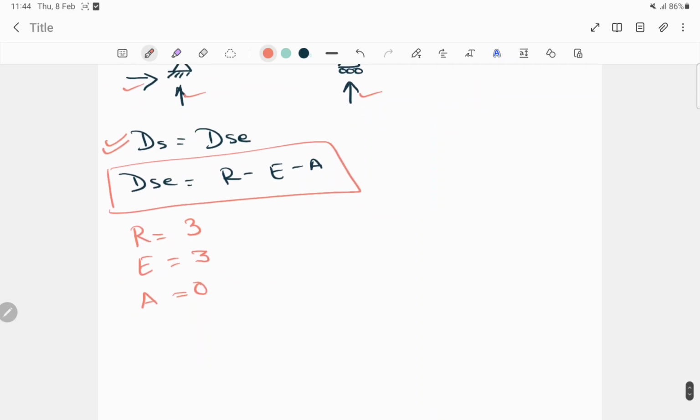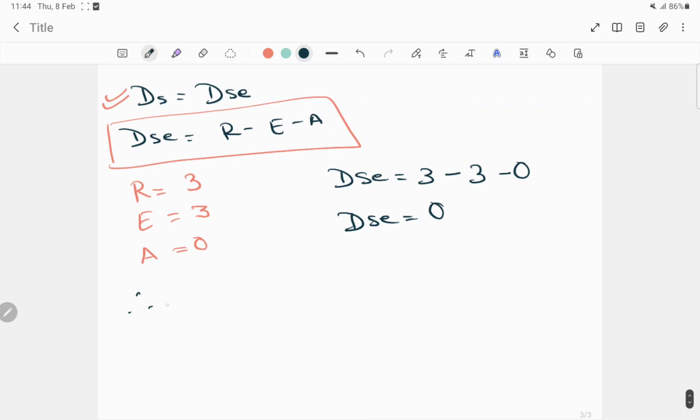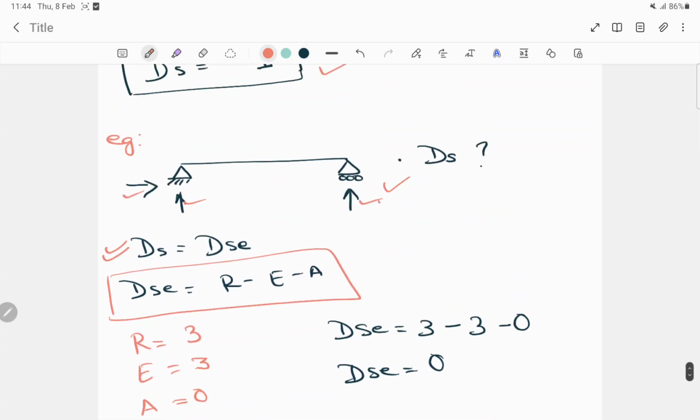So now we put all the values in this equation: DSE is equal to 3 minus 3 minus 0, so DSE is equal to 0, therefore DS is equal to DSE, so the value of DS will be 0.